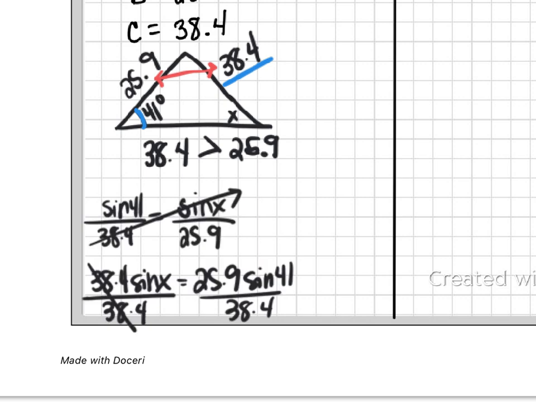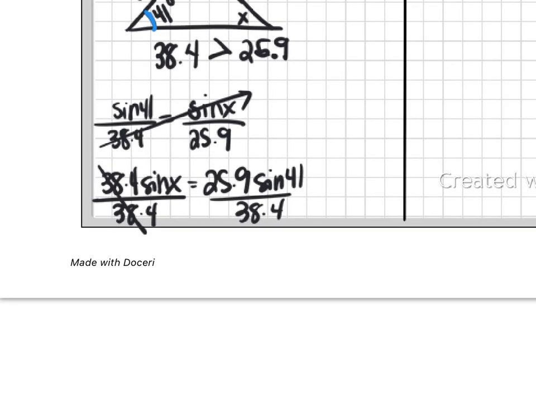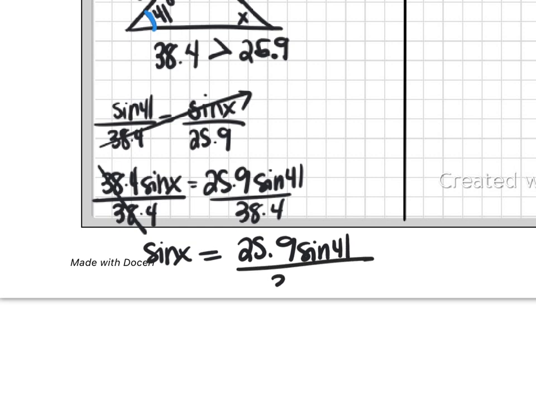Those cancel. Because I'm looking for an angle, I have sine x equals 25.9 sine 41 over 38.4. To get x by itself, I take the inverse sine of both sides, so that we can solve for that angle.